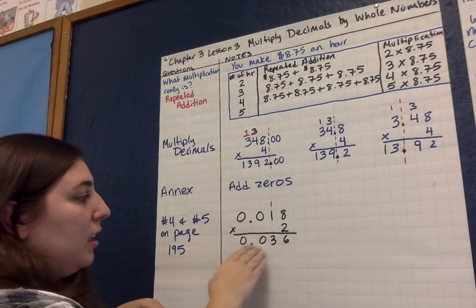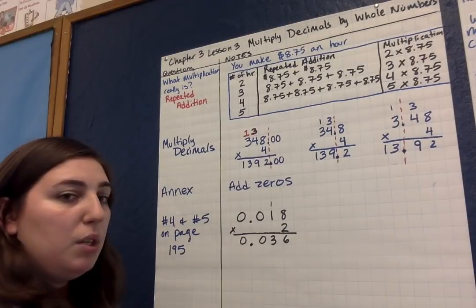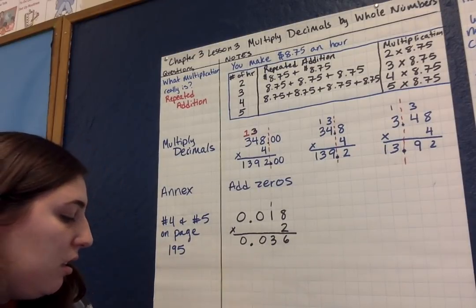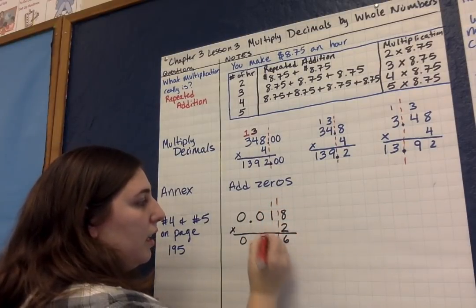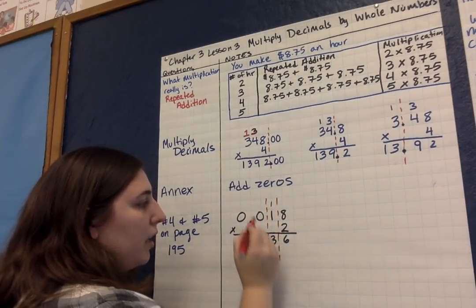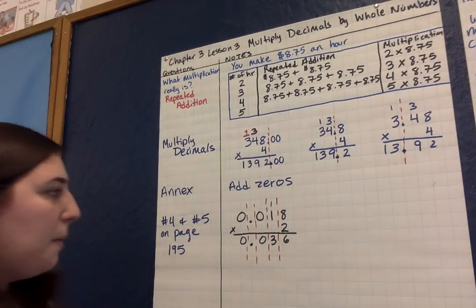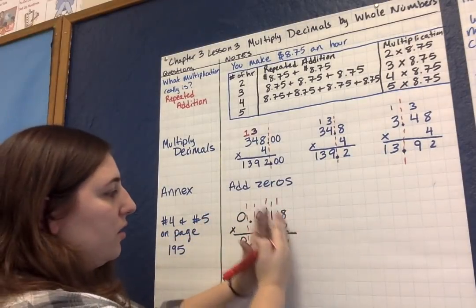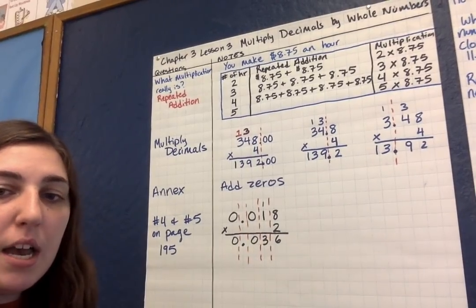But you only fill in and add the zeros because you're multiplying 2 times 0. When you multiply 2 times 0, you just get 0. And that's why you get zeros here. And if I drew a dotted line, okay, everything lines up. Everything is in its own column. So you want to make sure you're doing that, okay?